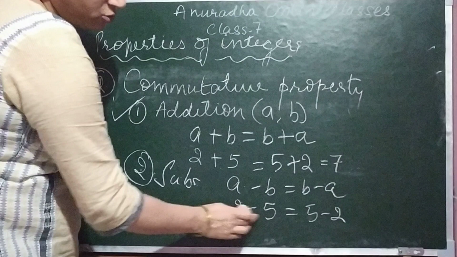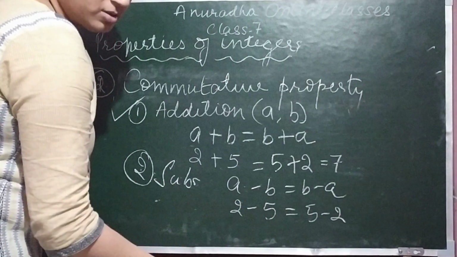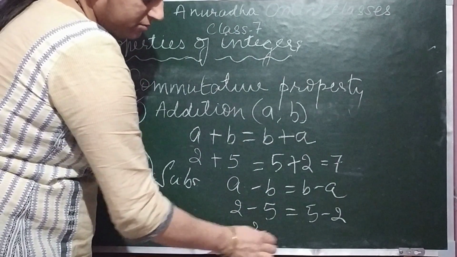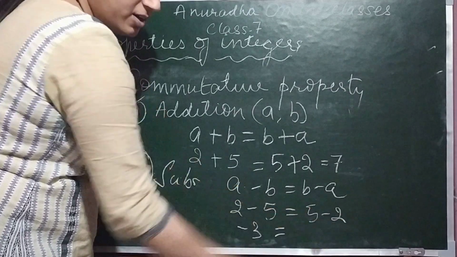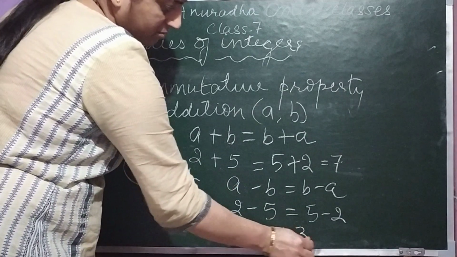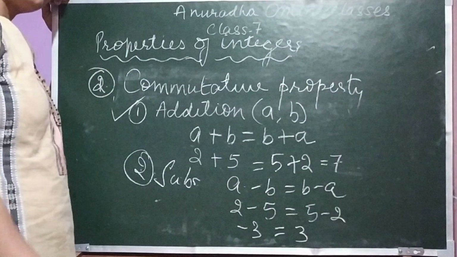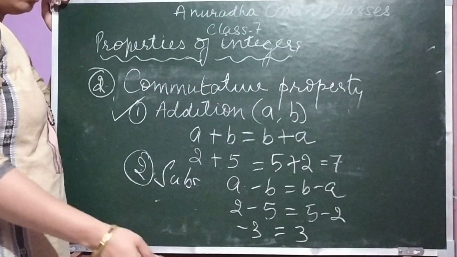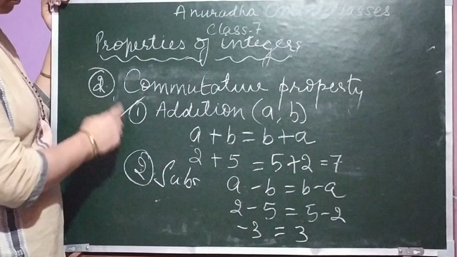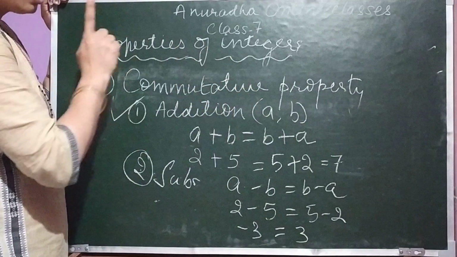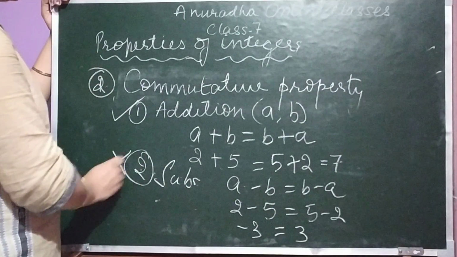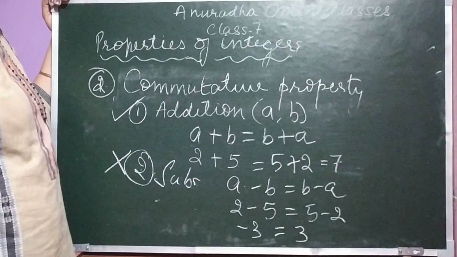Let us see. 2 minus 5, it is minus 3. And 5 minus 2, this is 3. Are plus 3 and minus 3 equal? No. So commutative property does not go with subtraction of integers.